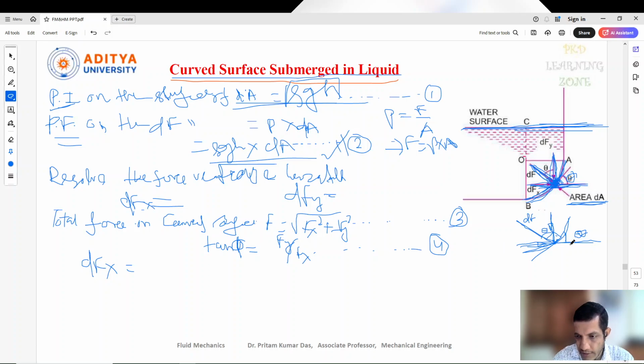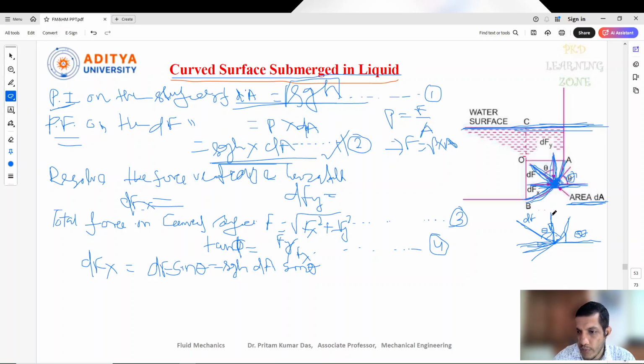If I am resolving in the x direction, dfx equals the force acting on that into sine theta. So df we already know from the previous formula, rho g h dA, so we can write dfx equal to rho g h into dA into sine theta.